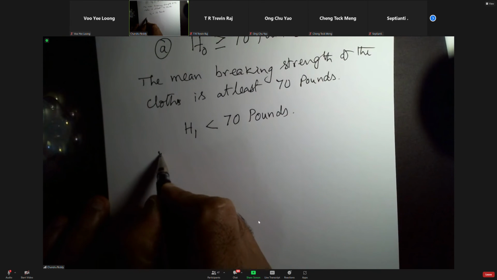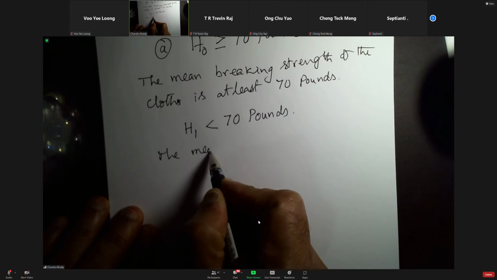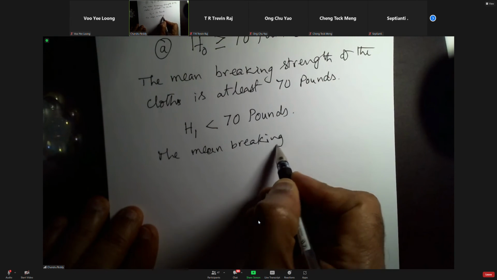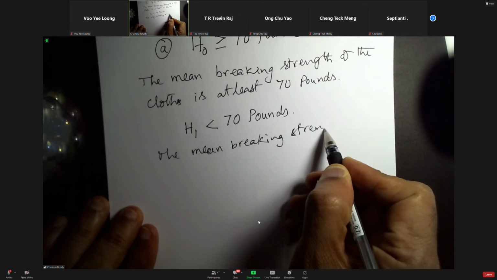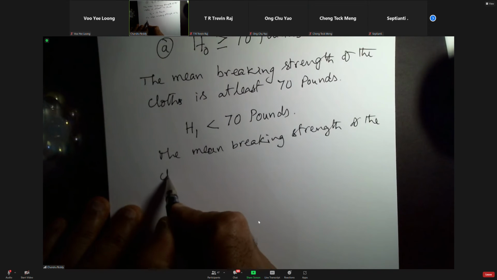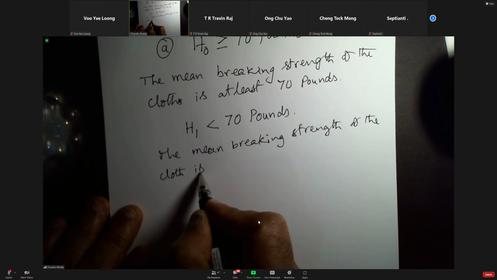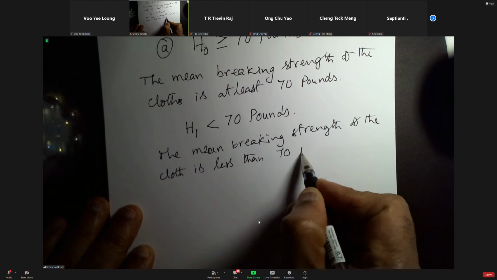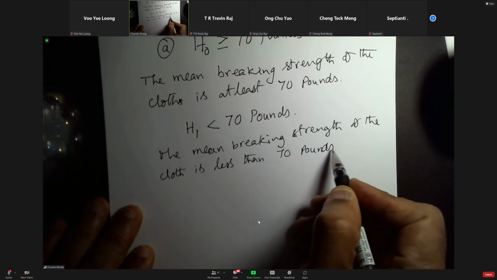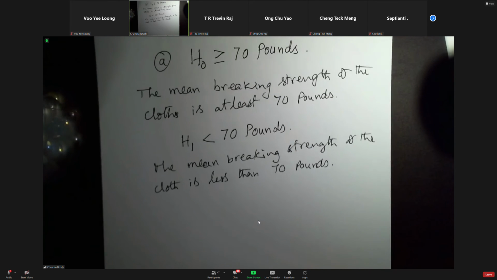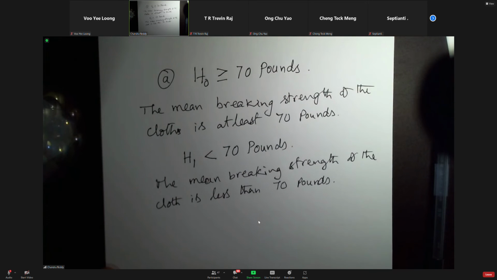So this means that the mean breaking strength of the cloth is less than 70 pounds. Okay, so we can write null and alternate hypothesis like this.